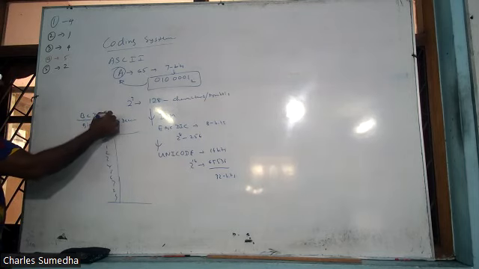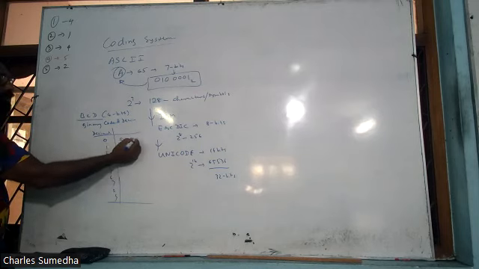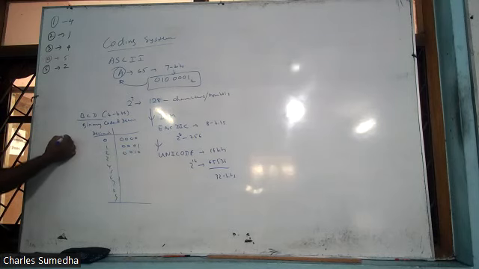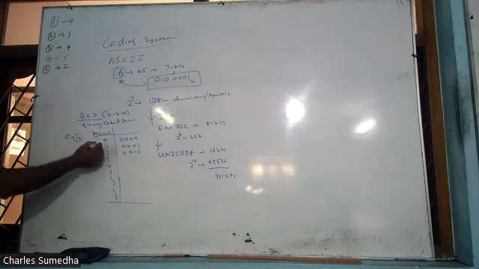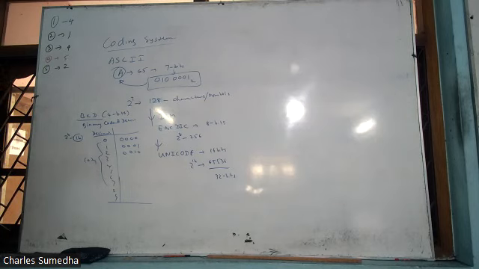Here they used 4 bits. So 0 is 0000, 1 is 0001, 2 is 0010. But 2 to the power 4 gives 16 different symbols, and here they have used only 10 symbols. So the rest is not used.